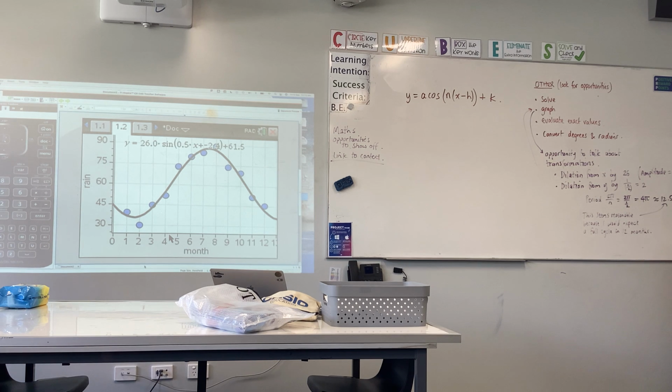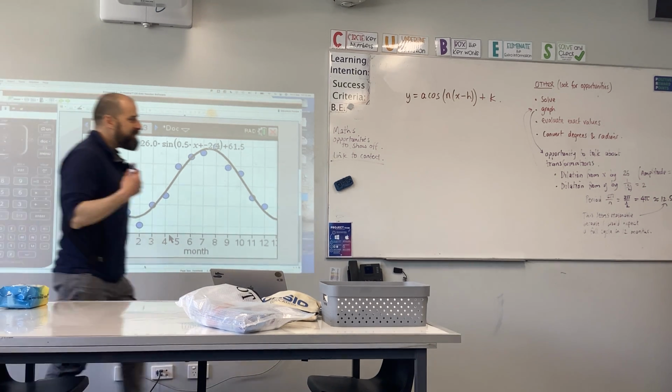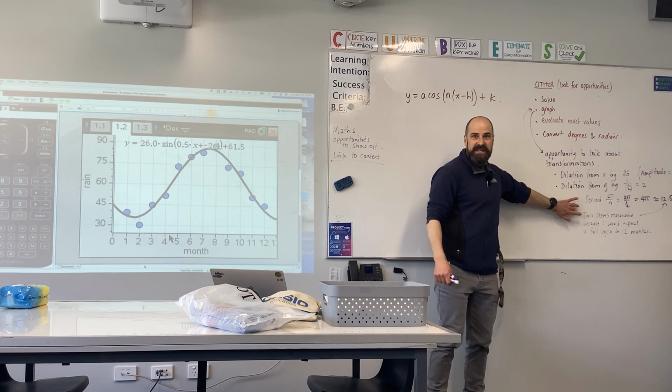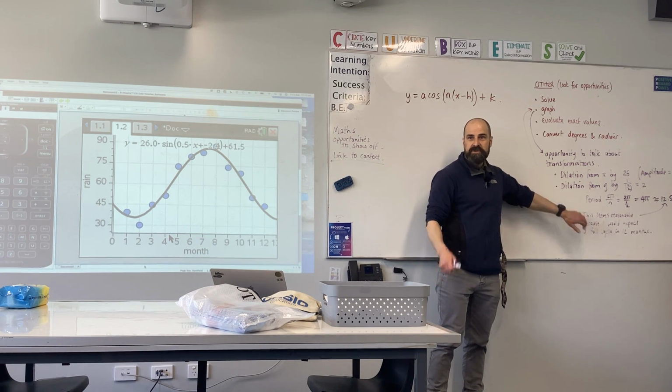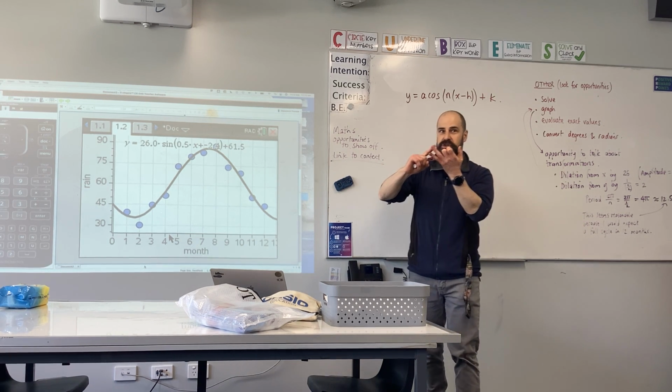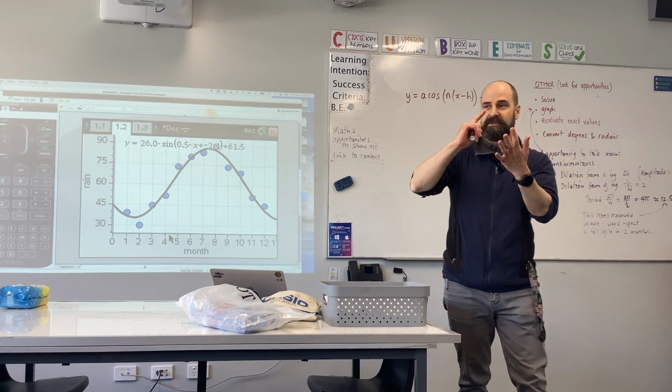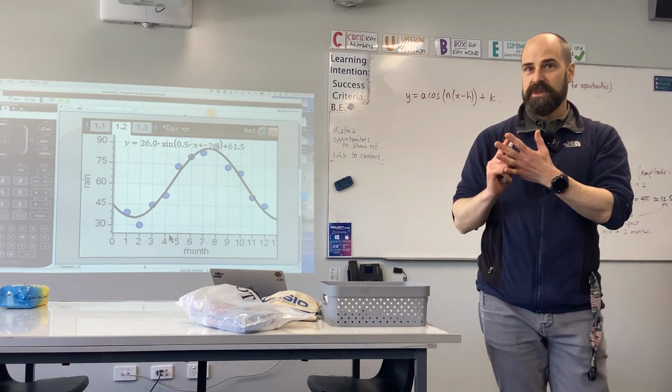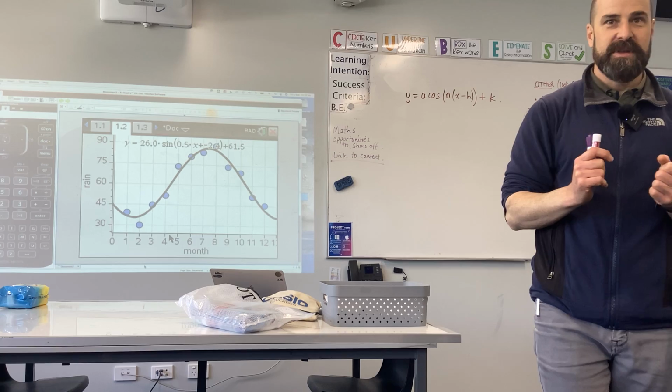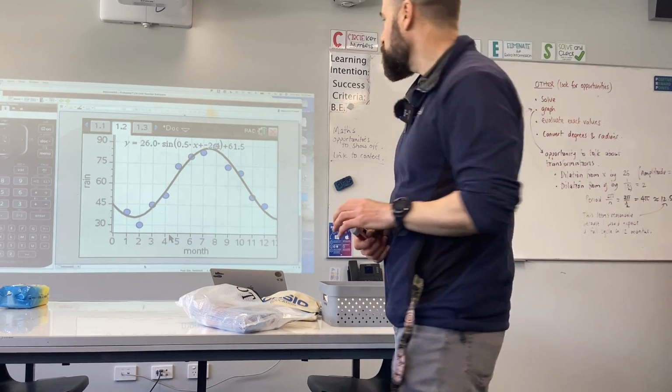I want you to discuss in amongst the people that you've spoken to how you would possibly answer that. And the clues are actually in some of the stuff we've already done. We've talked about the period, the amplitude, the midline, and the starting point. Cool? Discuss. What could you possibly do?